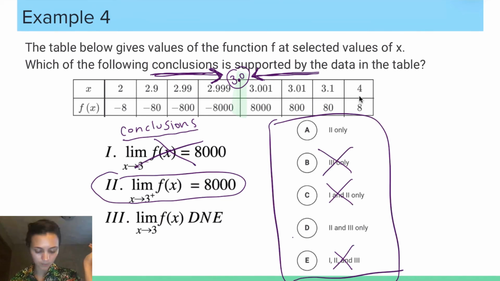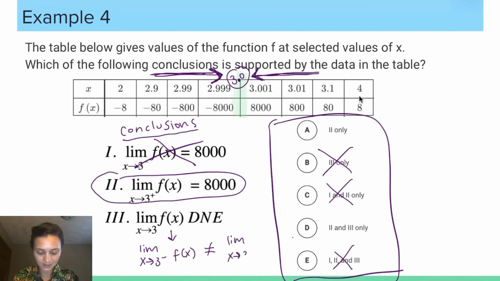So let's check option 3. Option 3 says the limit of f of x as x approaches 3 does not exist. So again, remember, to not exist, that means the limit as x approaches 3 from the left of f of x cannot equal the limit as x approaches 3 from the right of f of x.